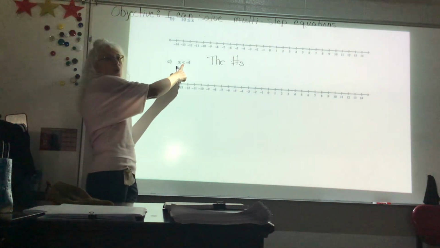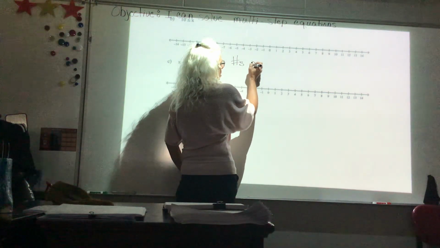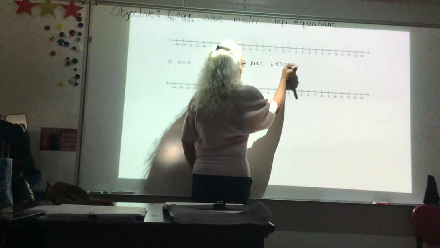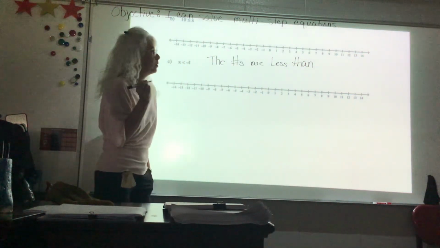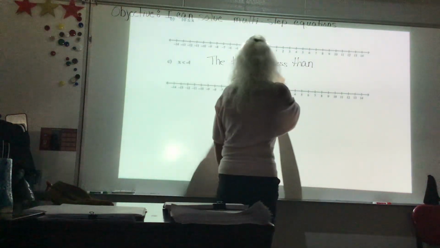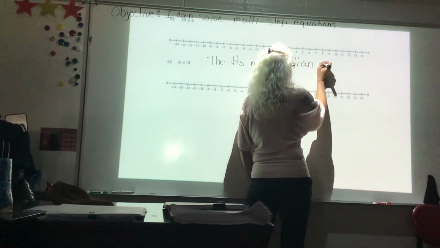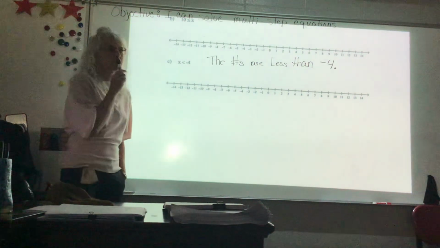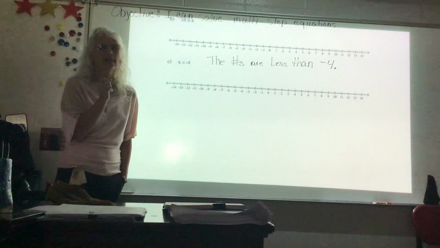What is this inequality called? So the numbers are less than. Oh, do we have the or equal to part? No. So the numbers are less than, what's the next part of the inequality? -4. So the numbers are less than -4.